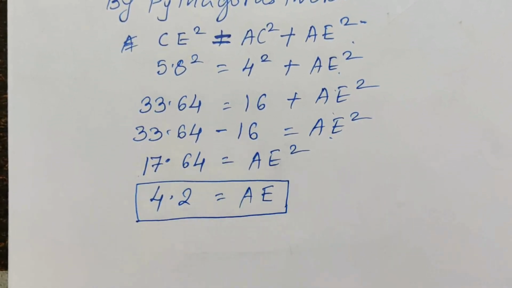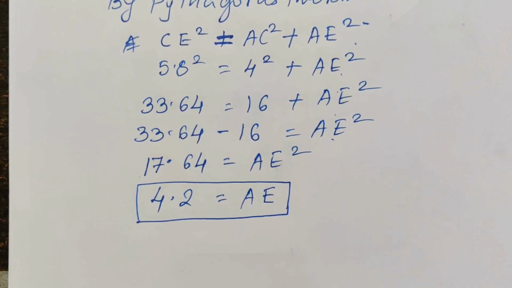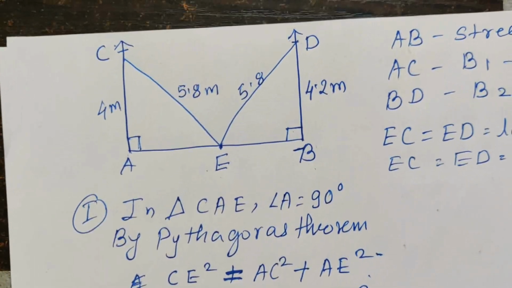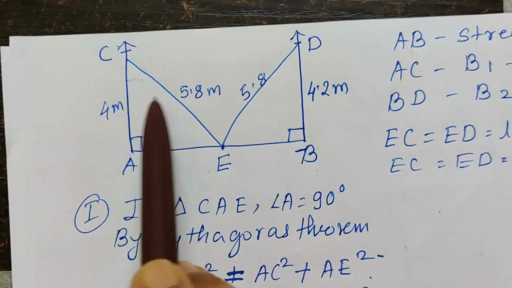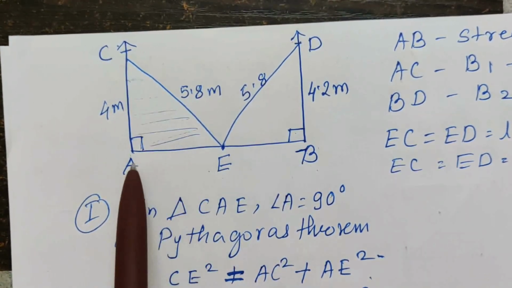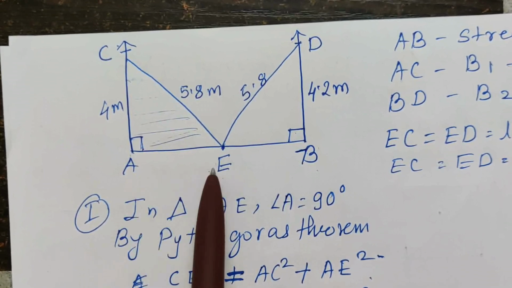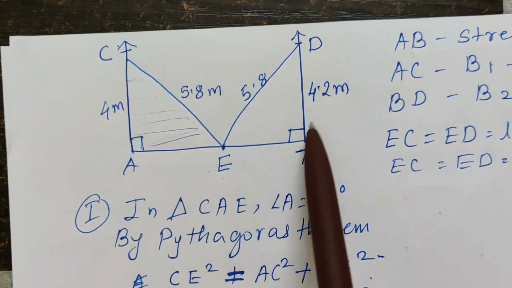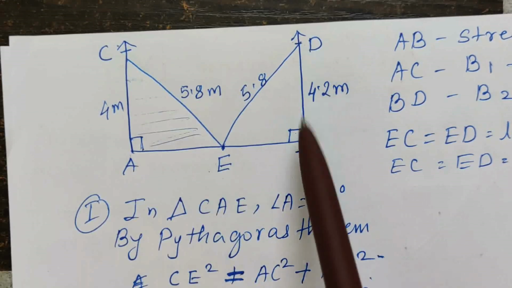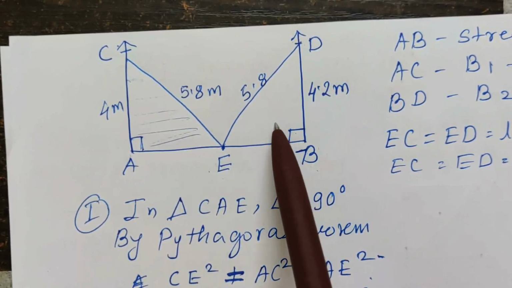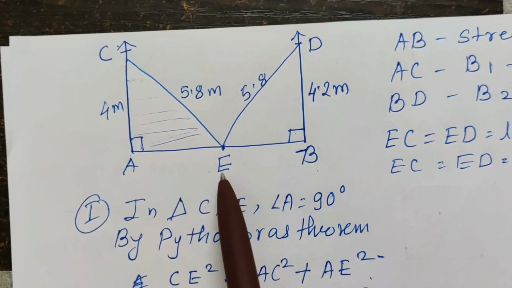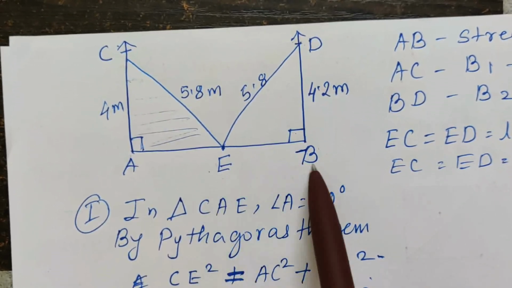That means we got the length of the half street. Now the same method we will follow for the second diagram. Once again you see the diagram here. From this right angle triangle, we got the length of AE using the Pythagoras theorem. Now the same for triangle DBE, angle B is 90 degree. Use the Pythagoras theorem and find out the length of EB.